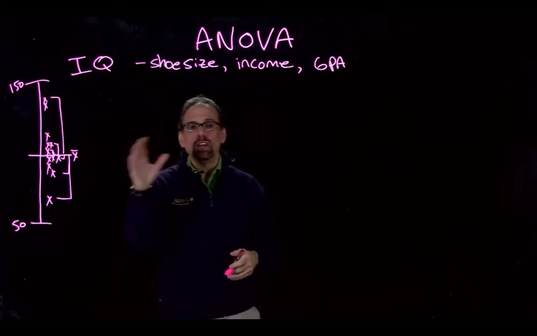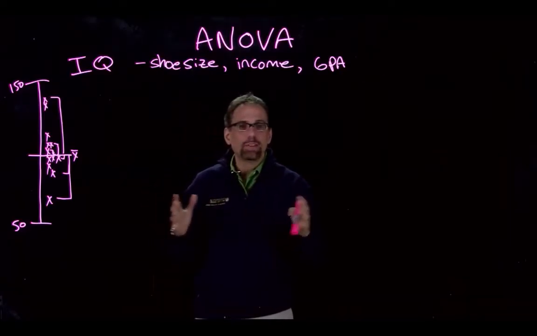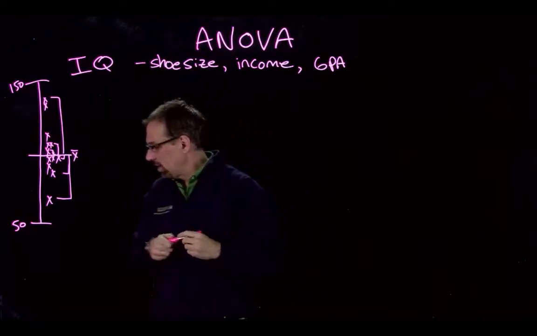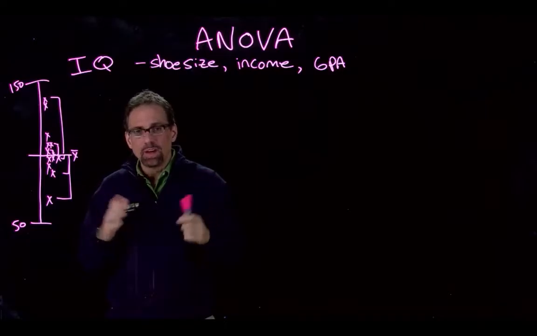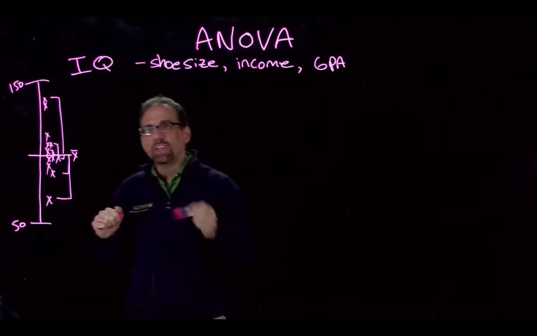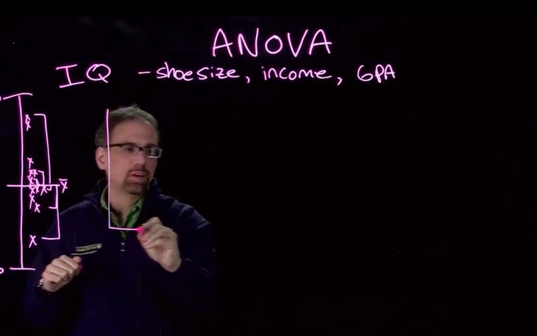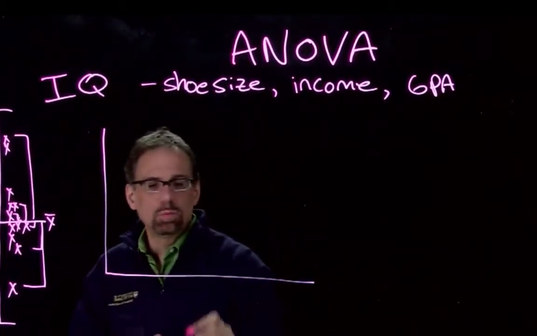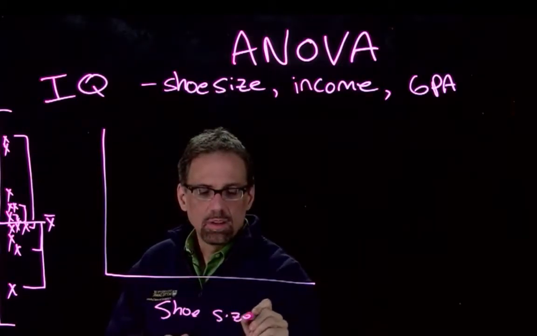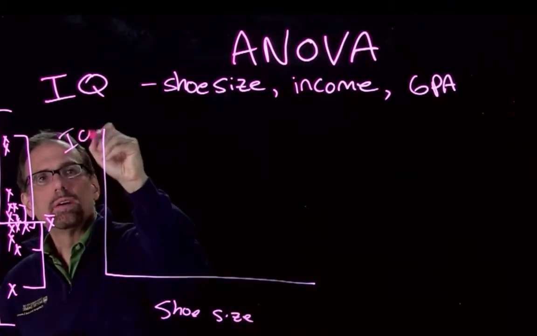All right, so let's just take those three and think about them on little charts, and that'll help us think about how this kind of analysis of variance kind of thing might work, okay? So let's take the shoe size one, okay? So supposing this is people's shoe size down here, and this is their IQ up here, okay?